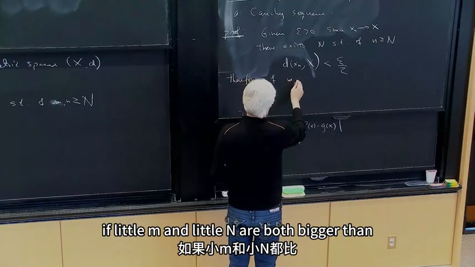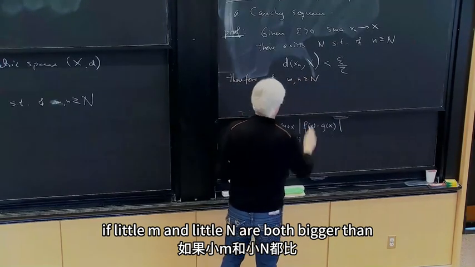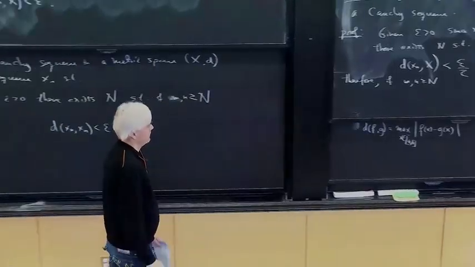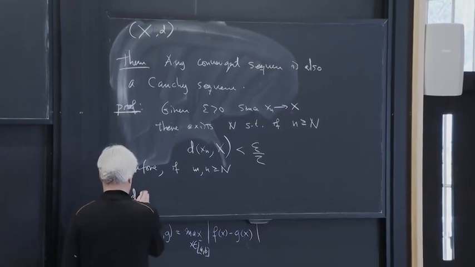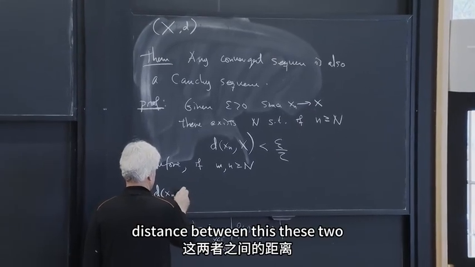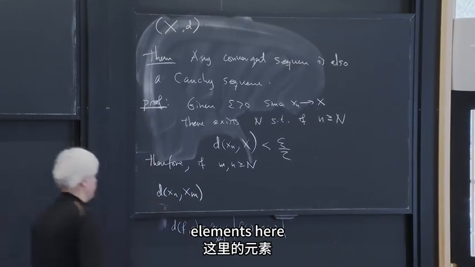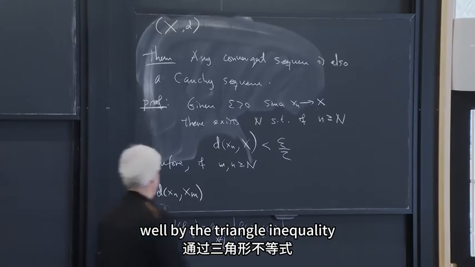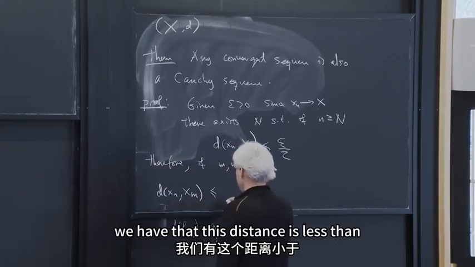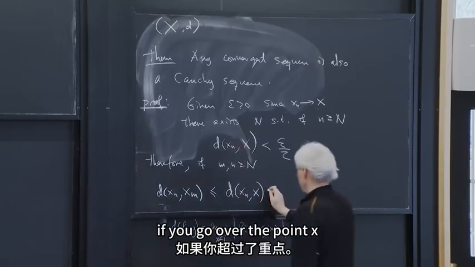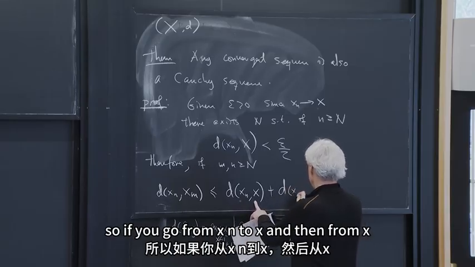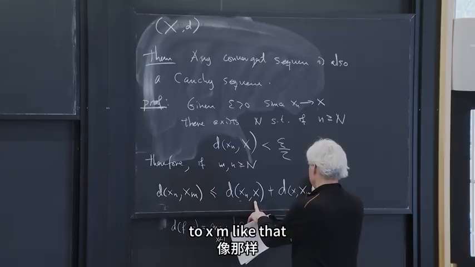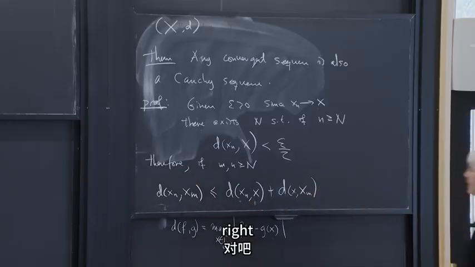if little m and little n are both bigger than capital N, then the distance between these two elements, well, by the triangle inequality, we have that this distance is less than if you go over the point x. So if you go from x_n to x, and then from x to x_m, like that, right?